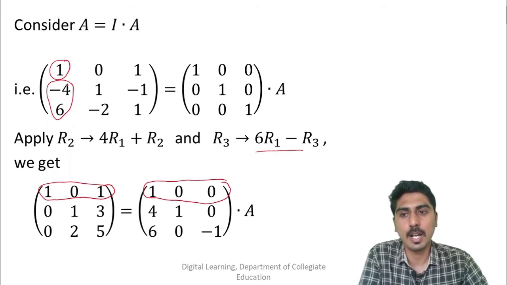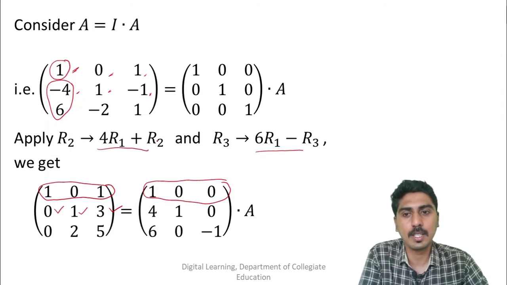Now to change R2, it is 4R1 plus R2. 4 into 1 is 4, minus 4 is 0. 4 into 0 plus 1 is 1. 4 into 1, 4 minus 1 is 3.